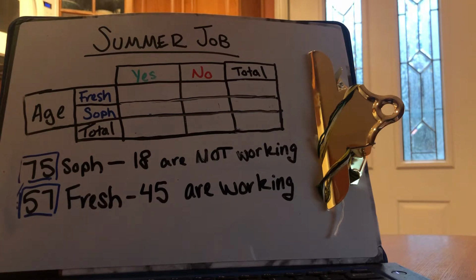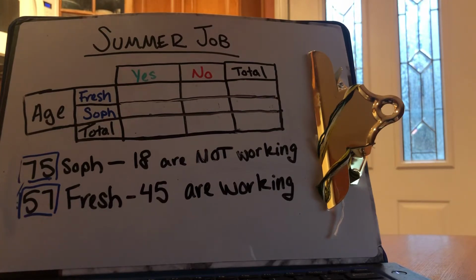So it says 75 sophomores total and 18 are not working. So I made sure I put that down here so we knew how to put that in our table. It also said 57 freshmen and 45 are working. So that was other important information that was given to us. It's going to be important that we're using all of this information to help us find everything here. Even though they're not specifically saying it, there's going to be a way to fill in those missing pieces.